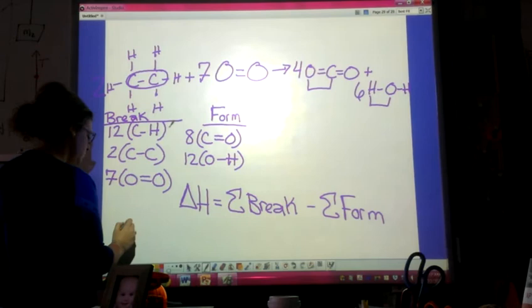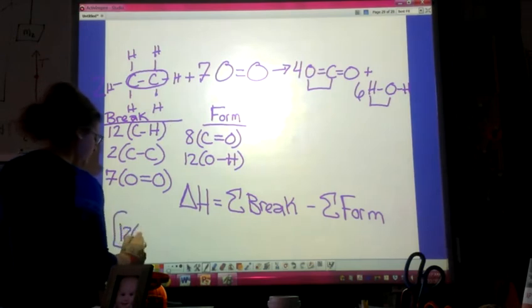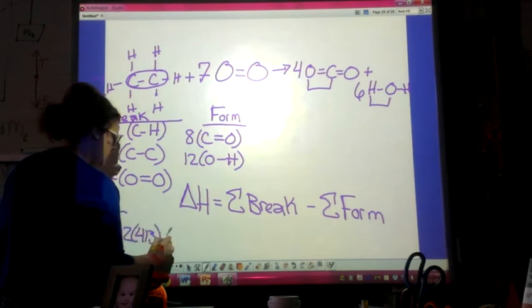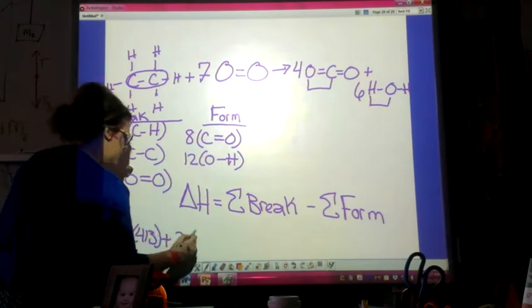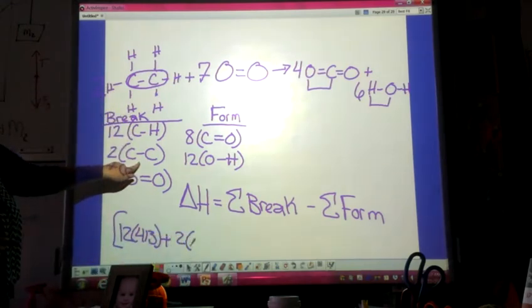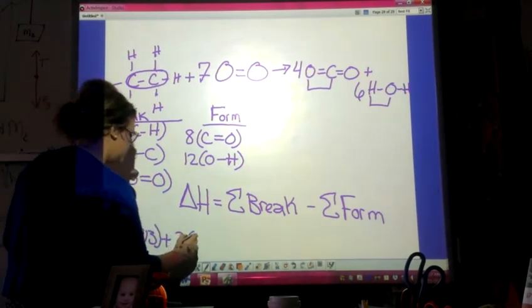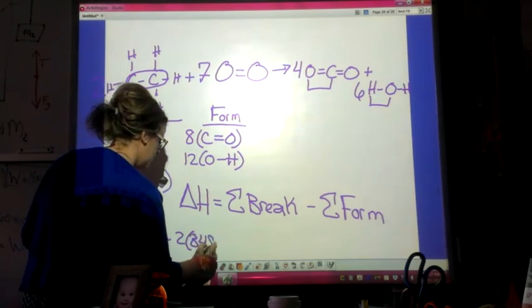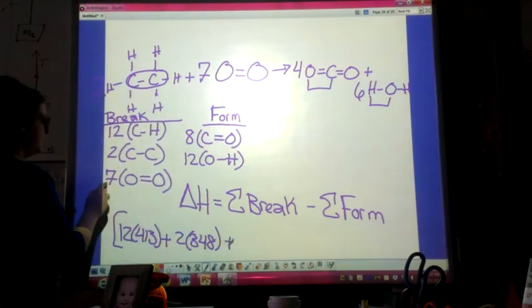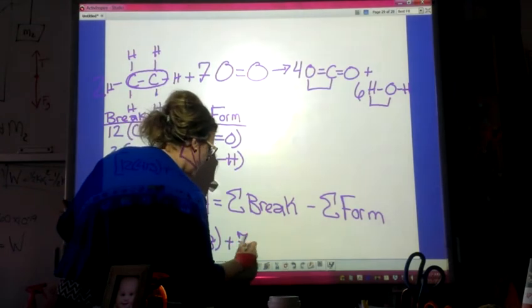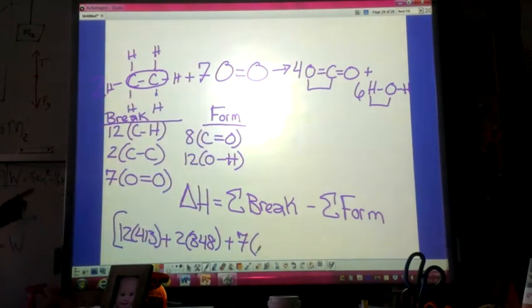So I'm going to do 12 times 413 plus 2 times the carbon-carbon single bond was 348. So 2 times 348 plus 7 times the oxygen double bond is not 799, it is 495.